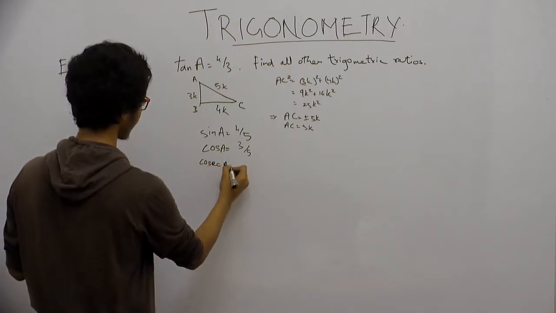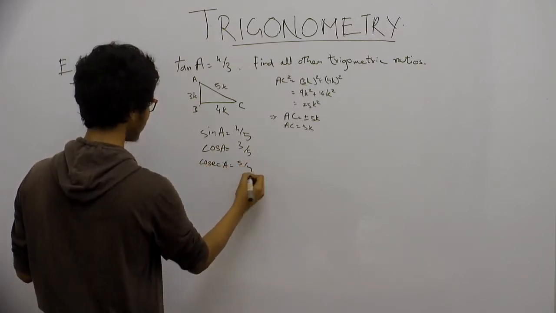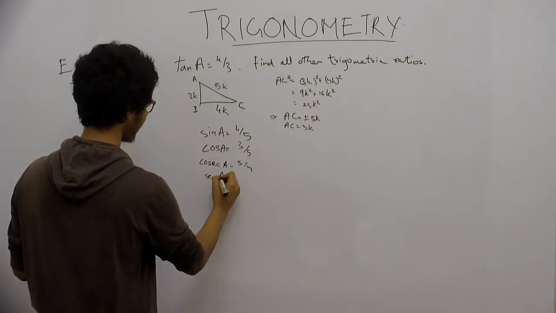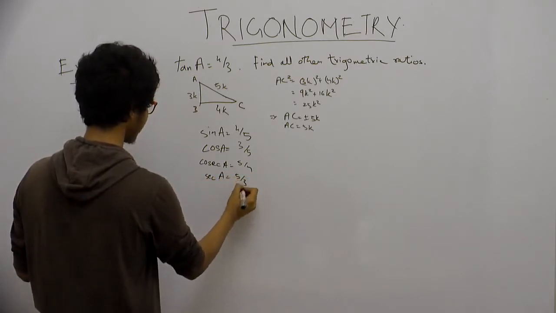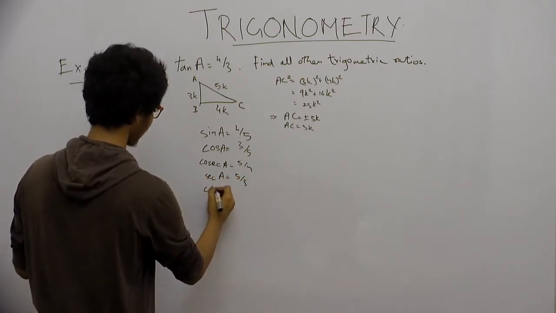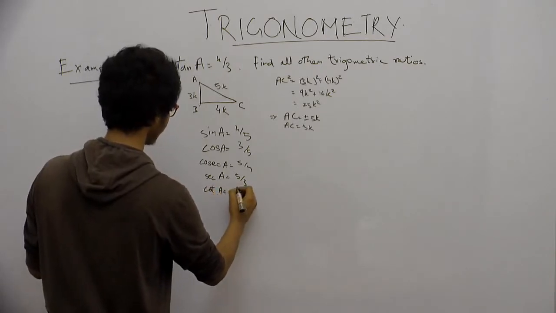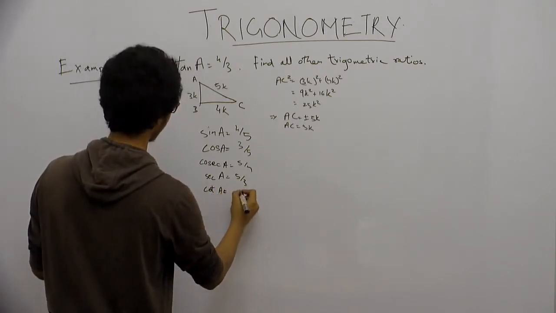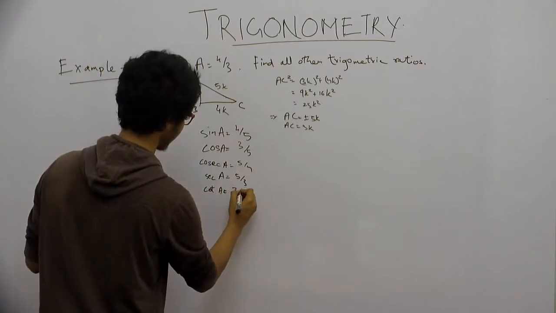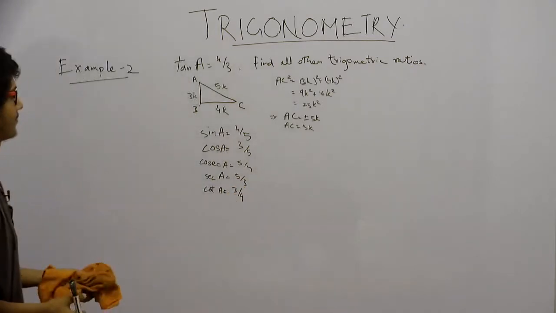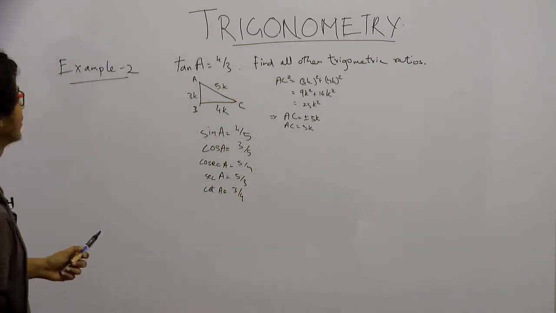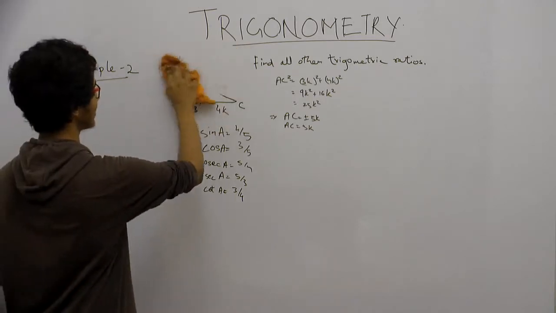Cosec A will be 5 by 4, sec A will be 5 by 3, and cot A will be, since tan A is 4 by 3, 3 by 4. Alright, now another example.